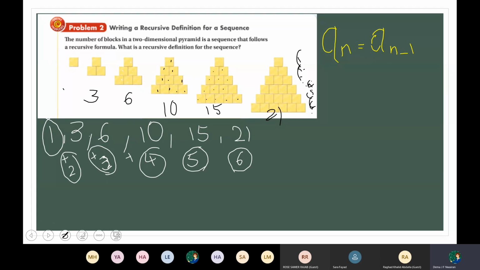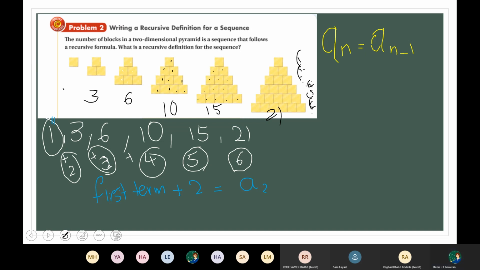So here now we have the previous term. Then look here. Here we have the first term, the first term plus n. Look, I write it. The first term plus 2, I will get the second term.